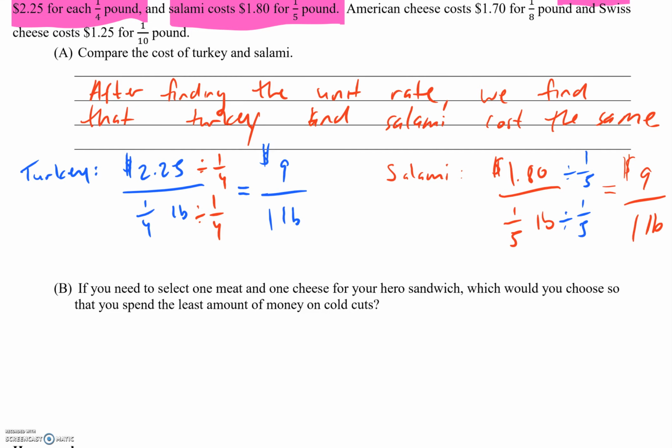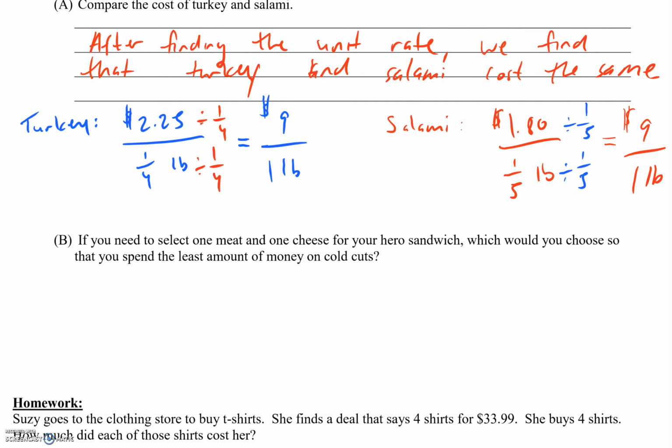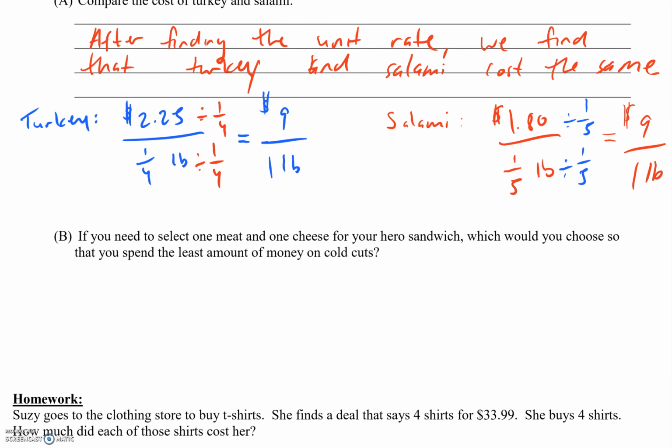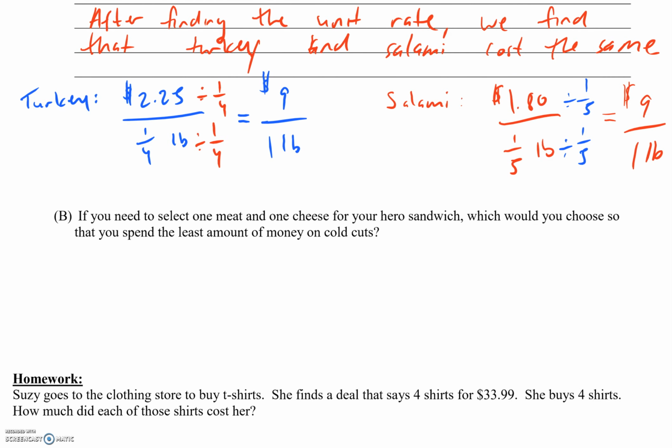Alright, next part of the question. B: if you need to select one meat and one cheese for your hero sandwich, which would you choose so that you spend the least amount of money on cold cuts? Well, remember, whenever comparing ratios, always find the unit rate or the unit price. Same thing.